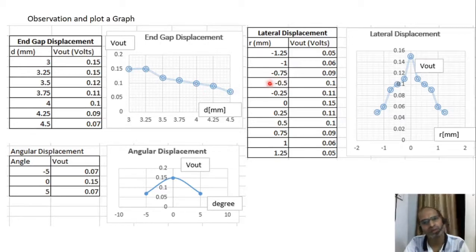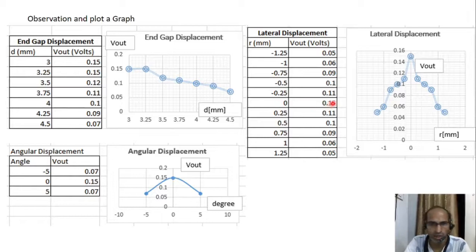In the second type of displacement, that is lateral displacement, it is shown on two sides. Above indicates negative while below indicates positive. It just indicates lateral displacement either on the left side or right side.